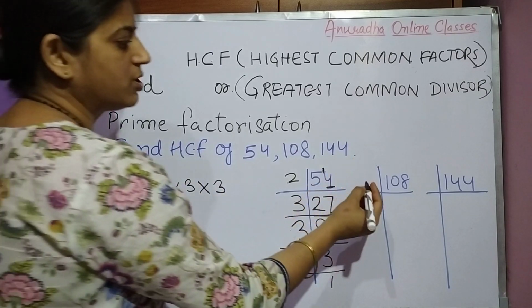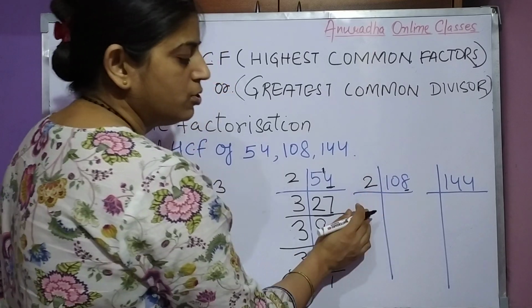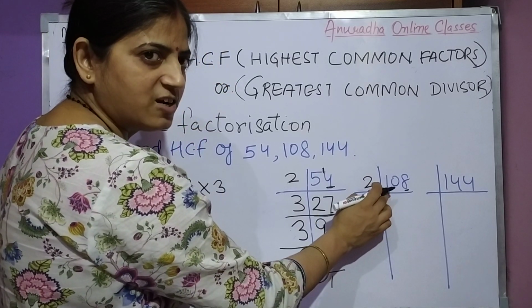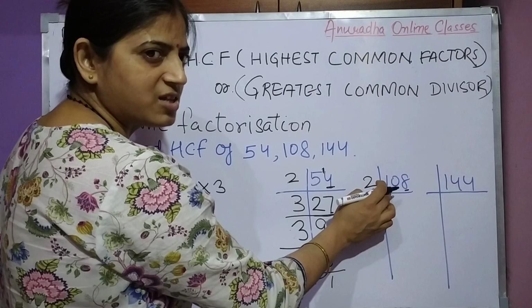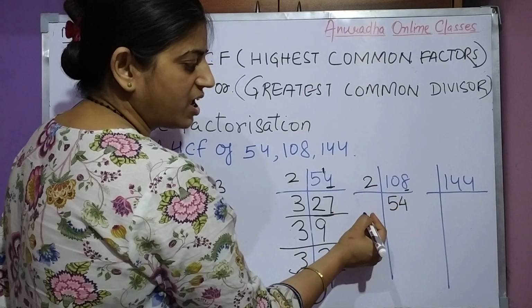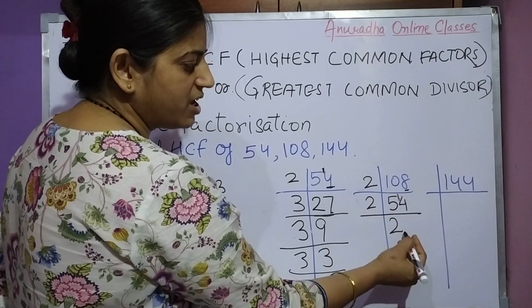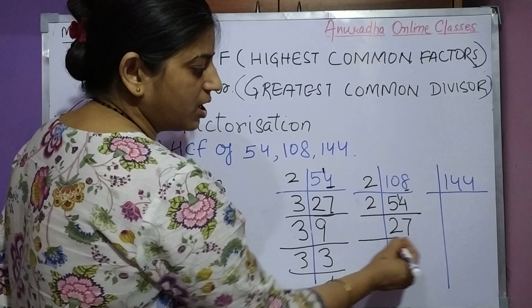Now let us come to the next. Here again unit place is 8. So it will go with 2. 2 से first number less than 2 है, नहीं जाएगा, हमें दो numbers लेने पड़ेंगे. 2 5s are 10 and 2 4s are 8. Now with 2 again. 2 2s are 4. 1 is left. 2 7s are 14.